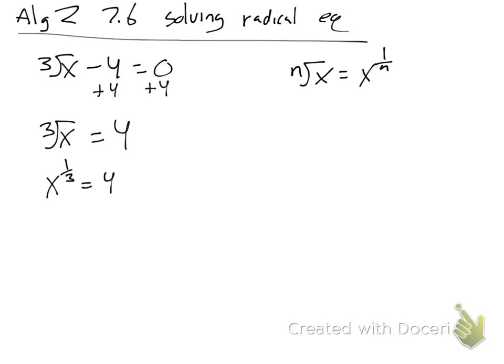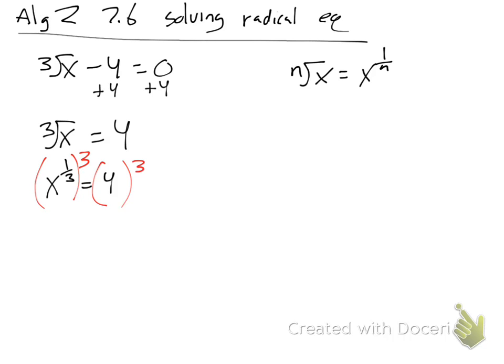Think of this. I want to raise it to a power that will allow me, remember what you do to one side, you do to the other. When I bring a power and I have to multiply, what multiplied to 1/3 will cancel it? 3.